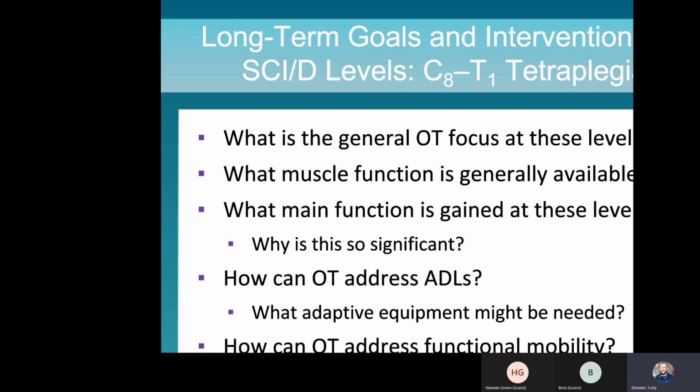All right, it goes all the way down to the L1 and below. The reason they label it like that is that there's usually not a lot of disability that goes along with the L's, the lower lumbar spinal cord.